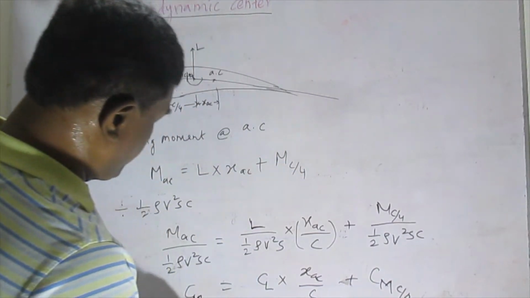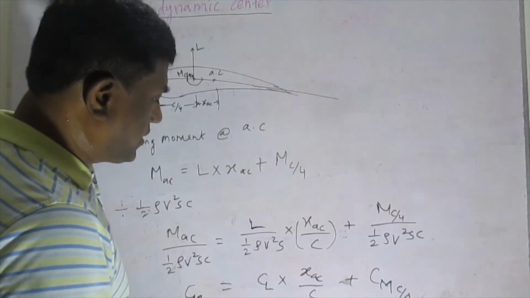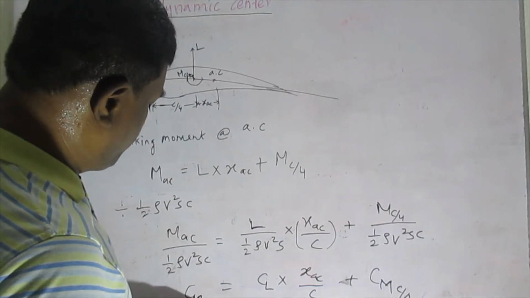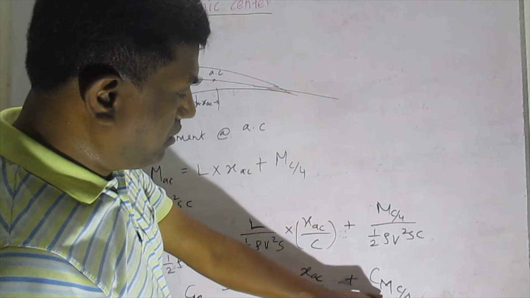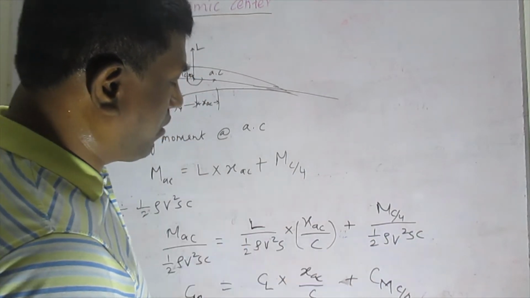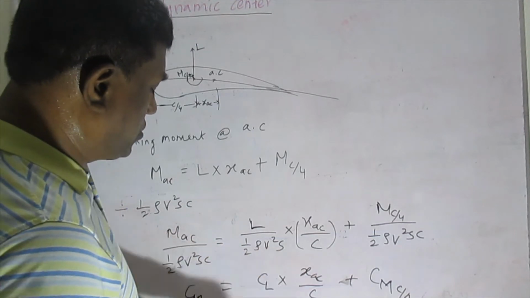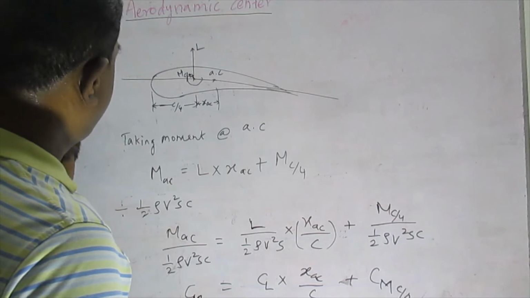So we have further simplified and converted into moment coefficients. This becomes the moment coefficient about the aerodynamic center, and this becomes the moment coefficient about the quarter chord point, and then we have the aerodynamic center position. Now we need to simplify further.